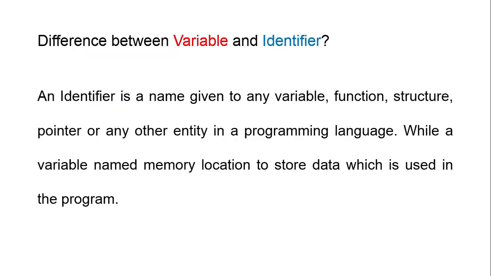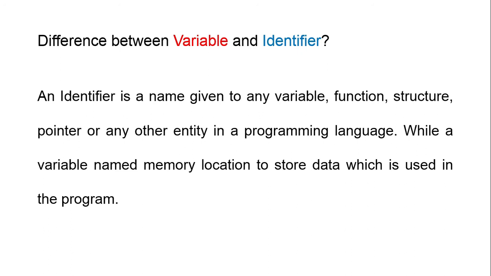And okay, what is the difference between a variable and an identifier? Because I already told you, the values and the function of the variable and identifier are common, they are equal. And what is the main difference? Actually, an identifier is a name given to any variable, function, structure and pointer.